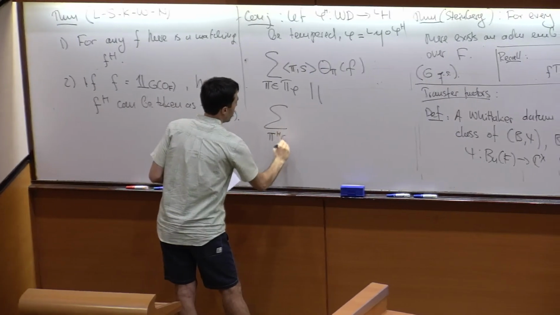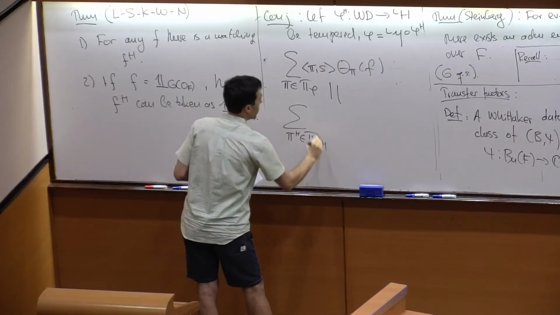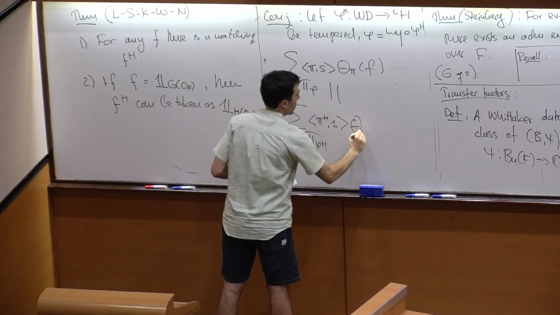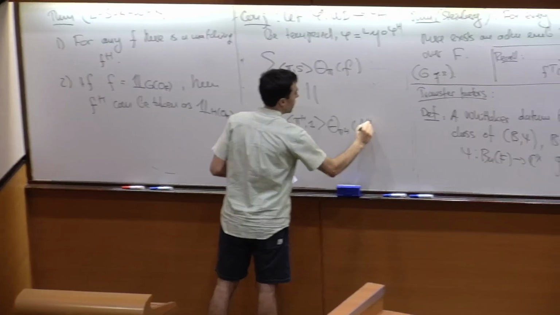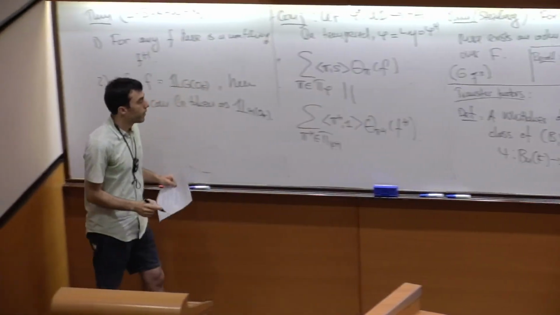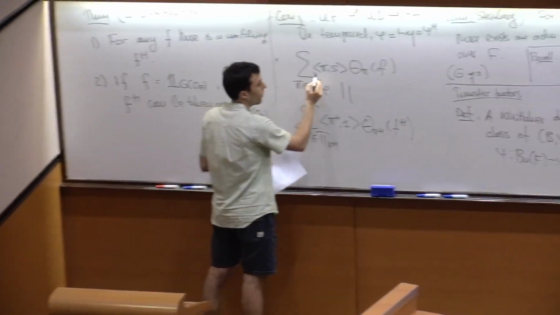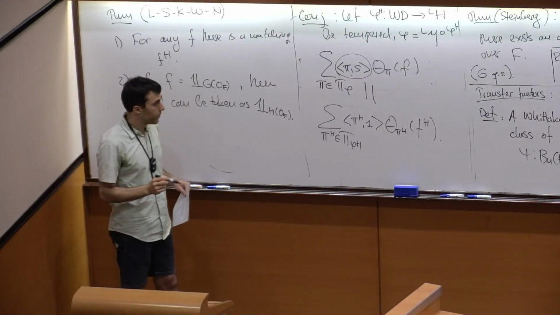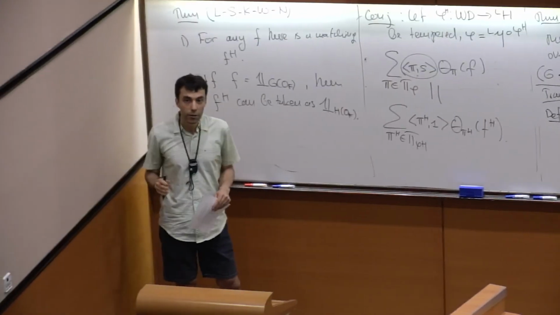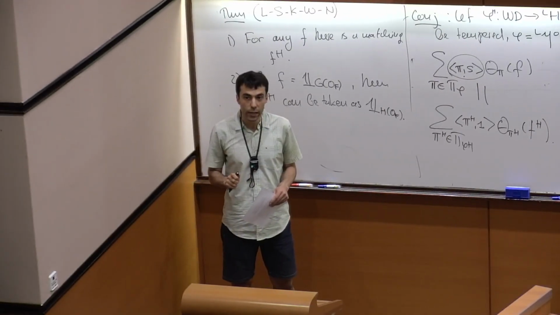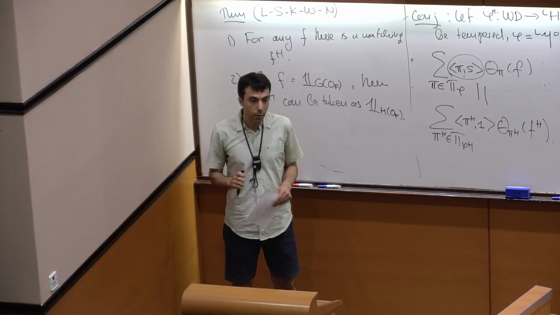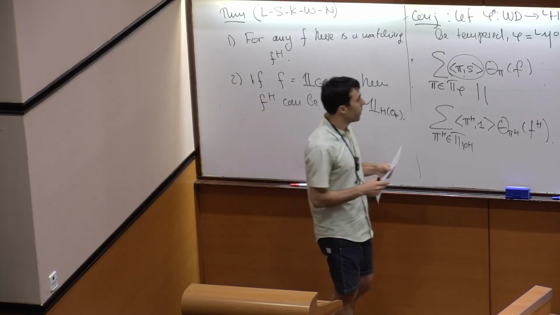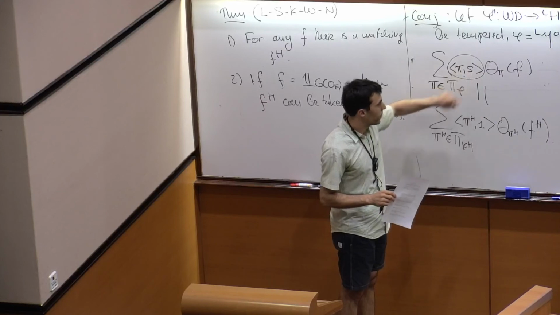And then we expect to have this character identity, where these are certain very specific well-defined constants. Because of time constraints, I don't want to say now what they are, but they are quite important, so I'll say that at the beginning of next time, when I'll also discuss what happens in a non-quasi-split case.